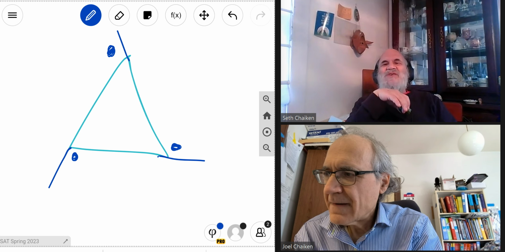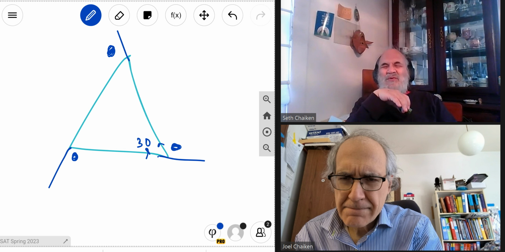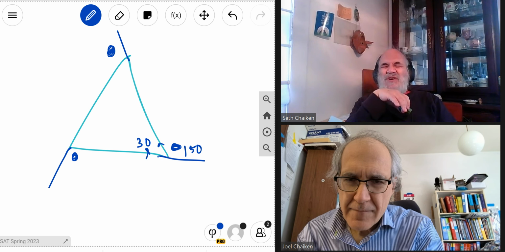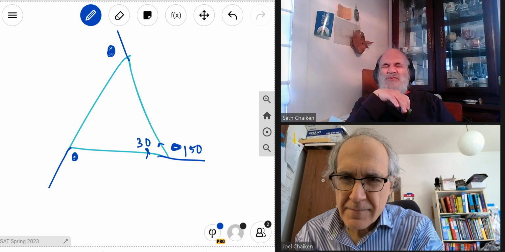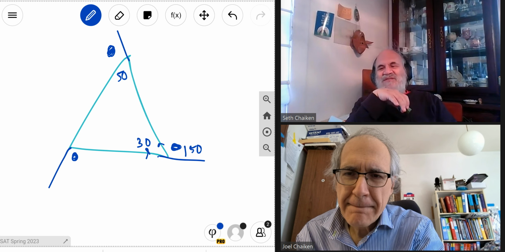How much she rotates at each vertex is equal to the exterior angle. But when she eventually rotates one full turn, one full turn is a full circle, 360 degrees.